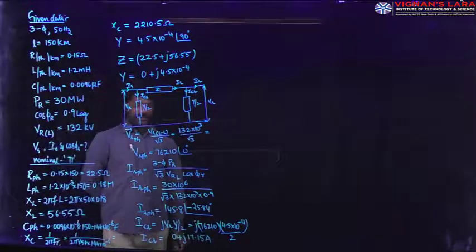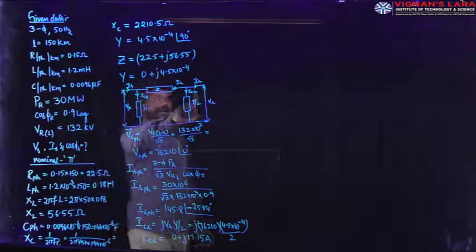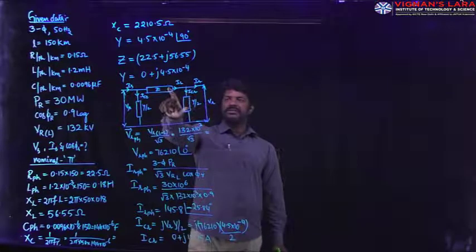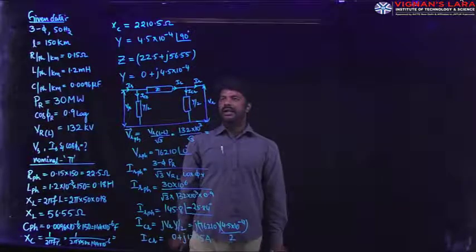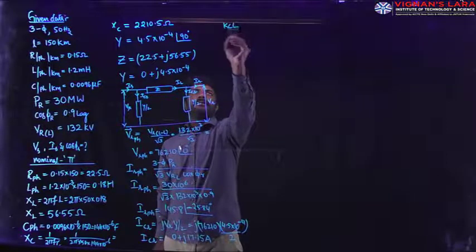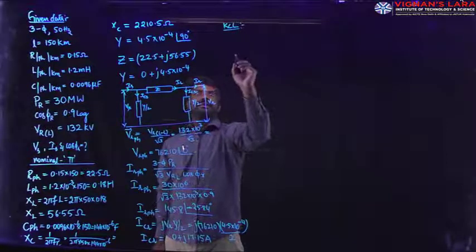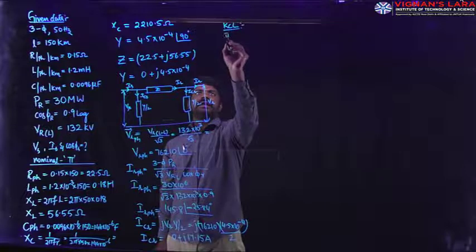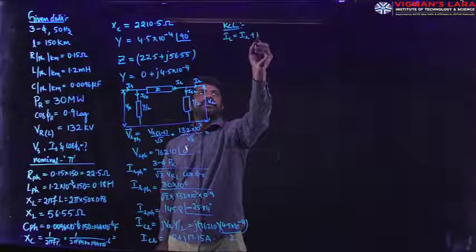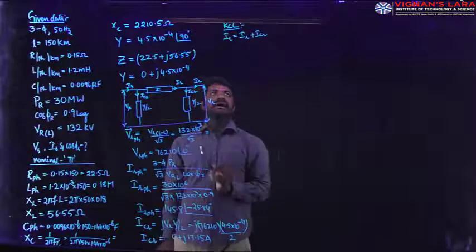17.15 amperes. This ICR and the calculated IR will be helpful for estimation of the inductive current called IL on applying KCL. So let me apply the KCL. Then the current IL is equal to IR plus ICR.